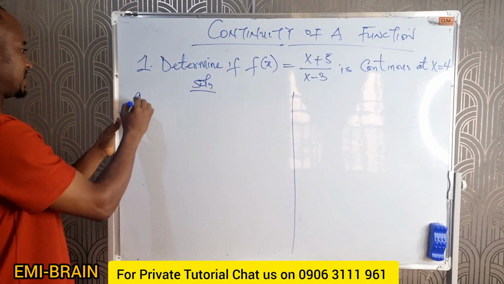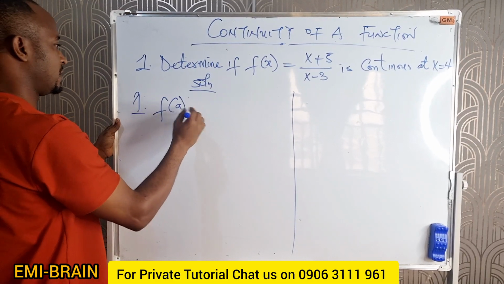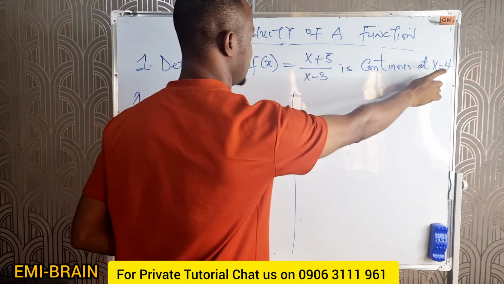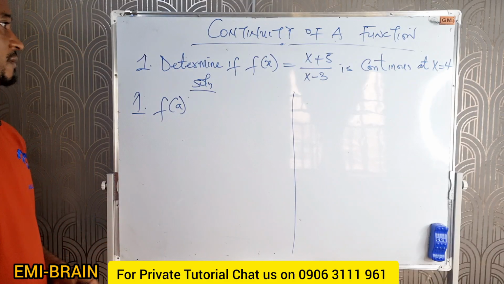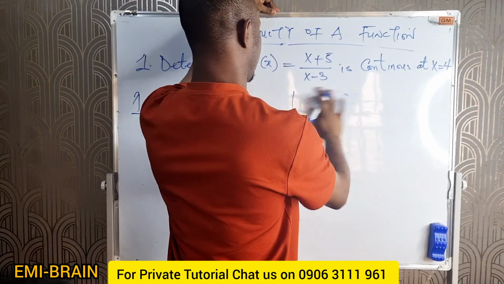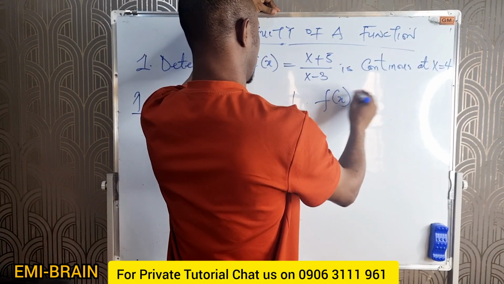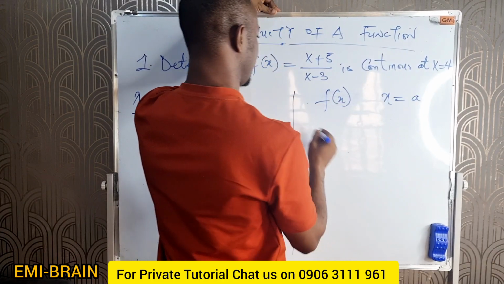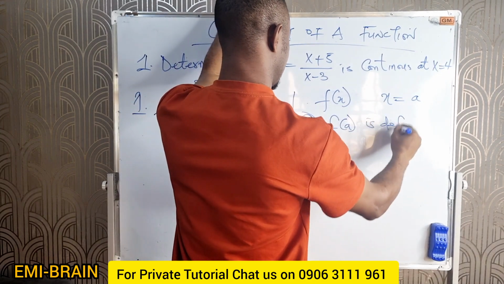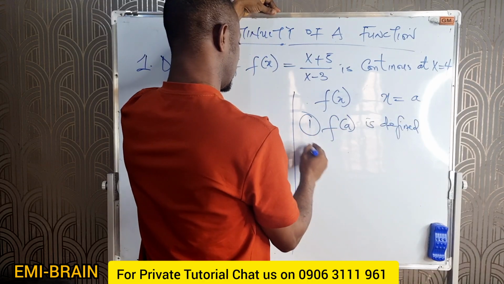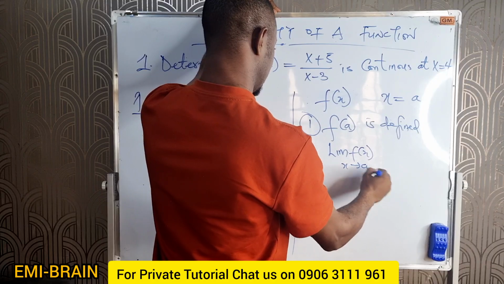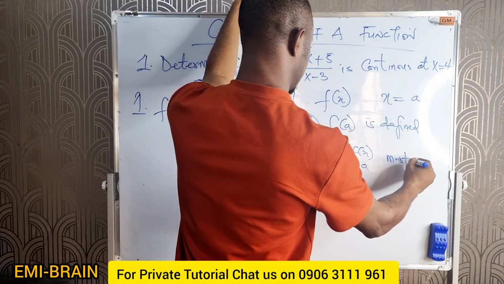The first step says that f of a must be defined, right? In this case, our a is x equals 4. Let me repeat the conditions. The first condition says that for f of x to be continuous at x equals a, f of a must be defined. Number 2 is that the limit of f of x as x approaches a must exist.